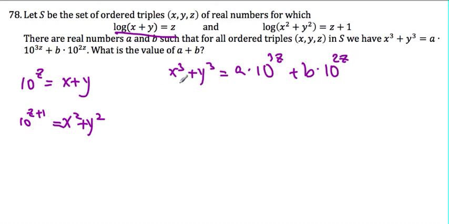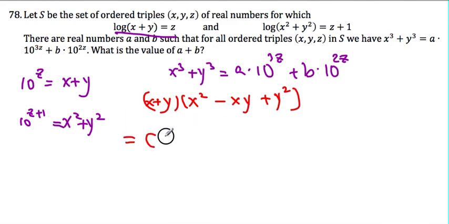But this can be factored into x plus y times x squared minus xy plus y squared. Now, from the first portion, that portion can be rewritten as 10 to the z power. But how about the inside portion? That's in fact x plus y, because I want to consider the positive here.